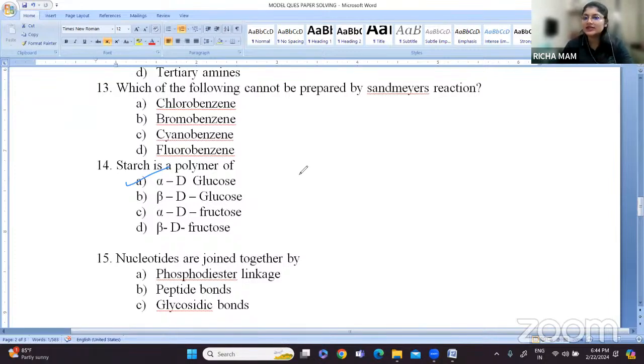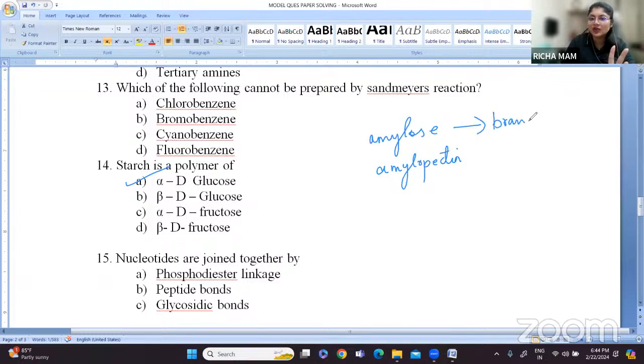You know that starch is a reserve food of plants. It has two components: one is amylose and another is amylopectin. Amylose is an unbranched polymer of glucose. Amylopectin is a branched polymer of glucose.